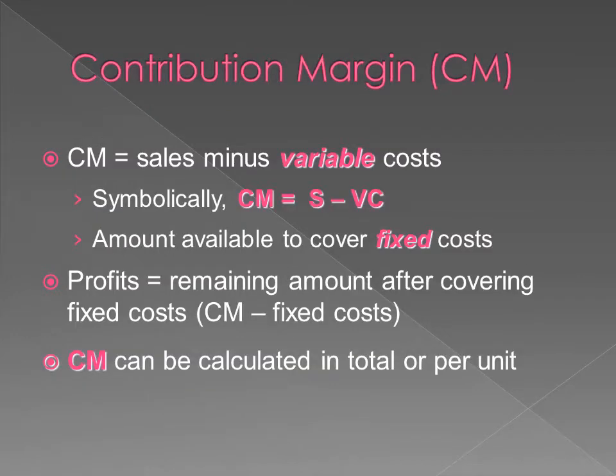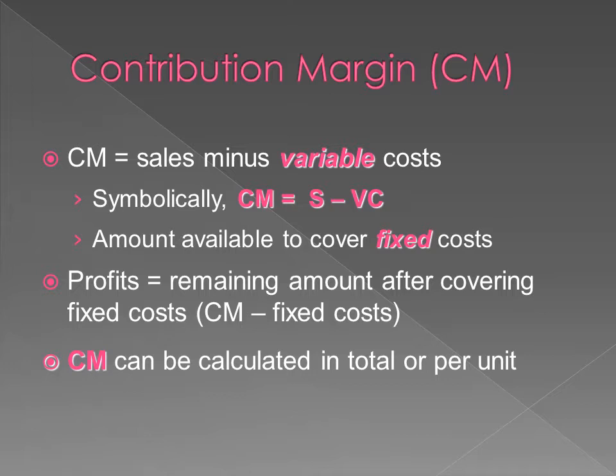Now, the contribution margin is simply the amount that's left over to cover all fixed costs. I've put a video on Blackboard from YouTube. It's entitled iNinja Notes, and that gives you some examples of what contribution margin is used to do and how it's calculated. It makes it a very tangible way that you'll be able to see a contribution margin played out.